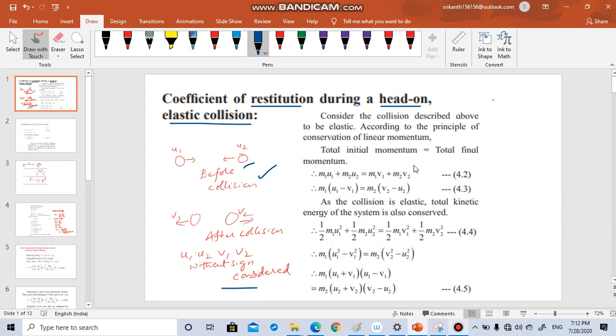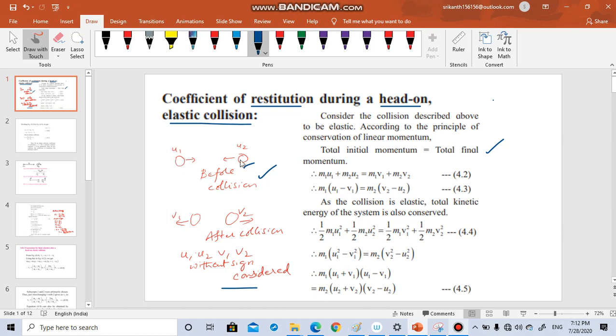The first point is whether it is elastic or inelastic. I told you that the principle of linear momentum is conserved: initial momentum is equal to final momentum. This we have discussed yesterday. If any doubt, you have to see the video again. So what is the initial momentum of the system?